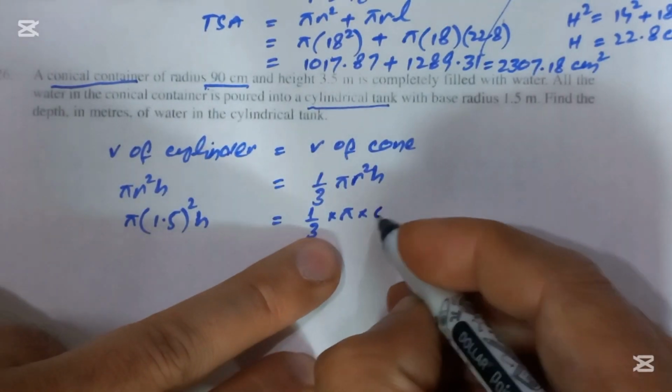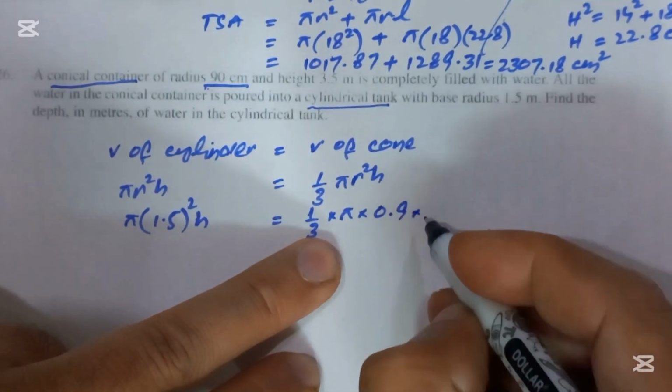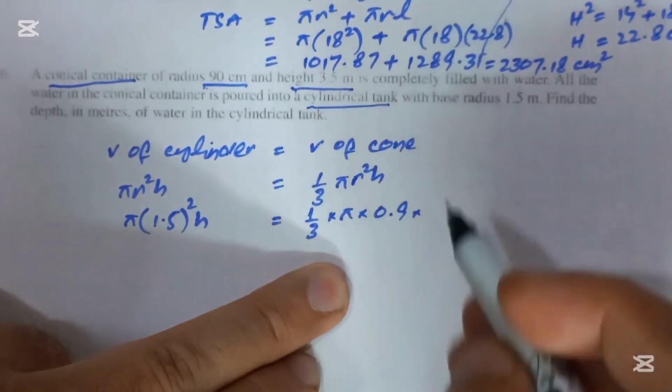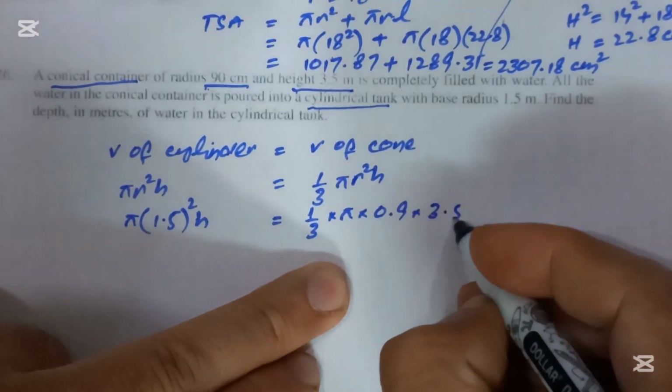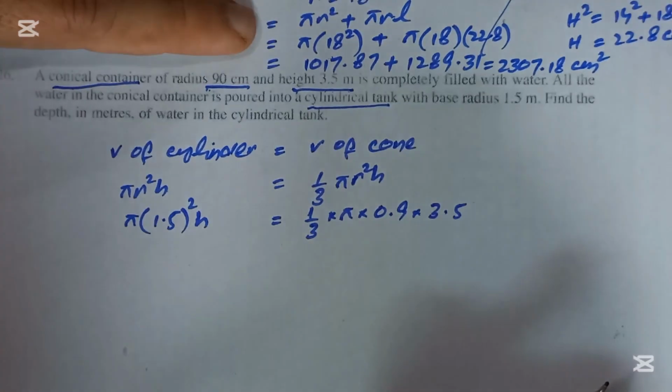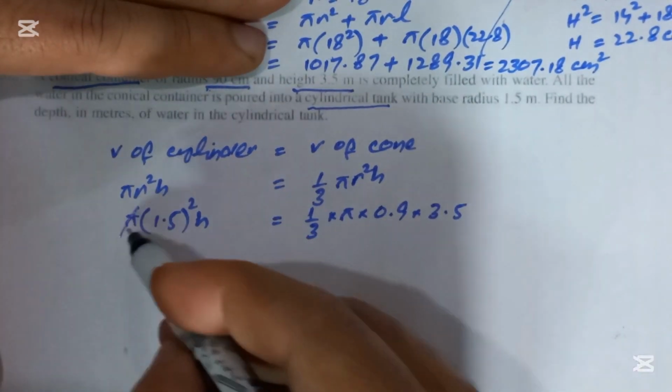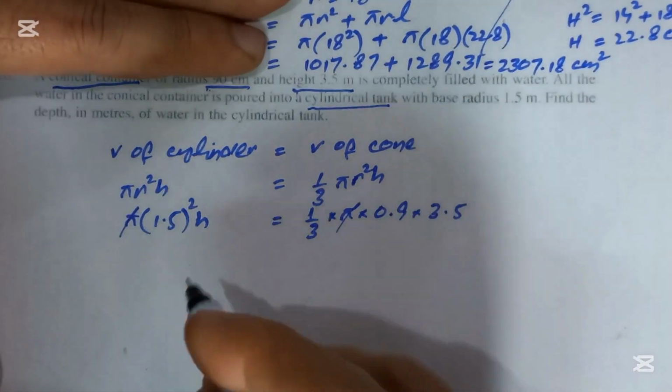This will become 0.9 meter, and height is 3.5 meter. This is already in meter, so put this value 3.5, and at this point use the calculator, but first cancel the value pi on both sides.